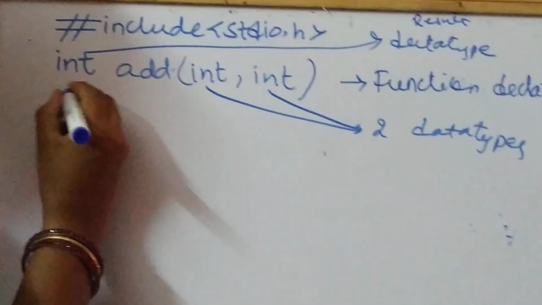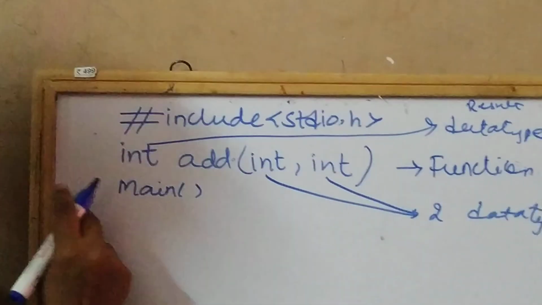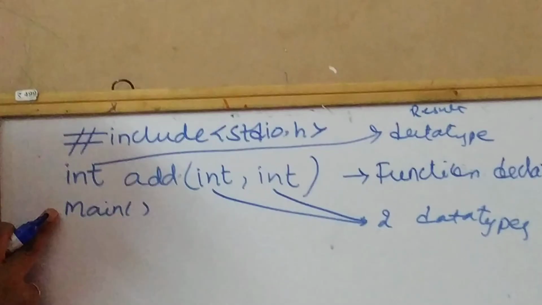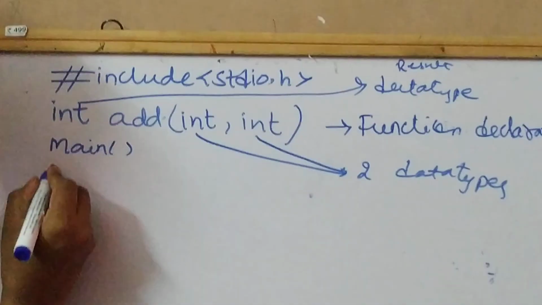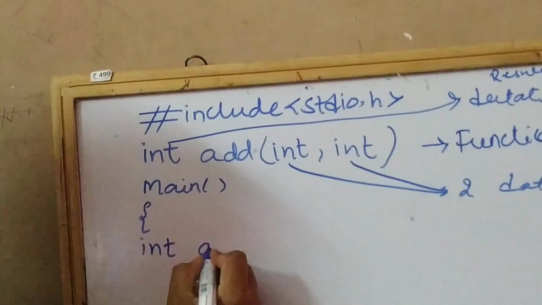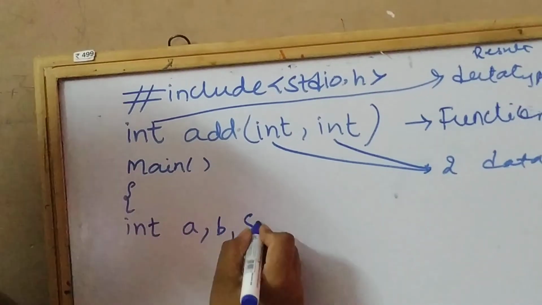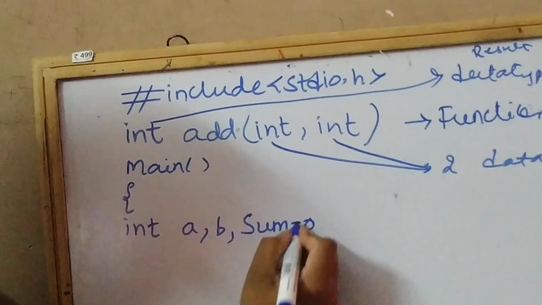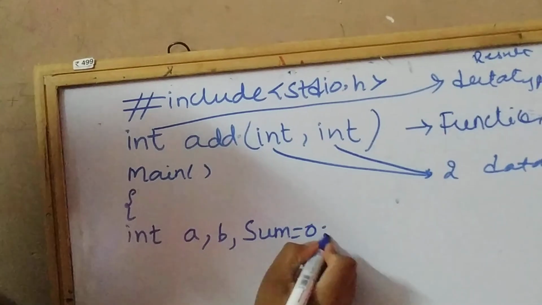So next is the main function, open brace, int a comma b comma sum is equal to 0. We have taken sum is equal to 0.